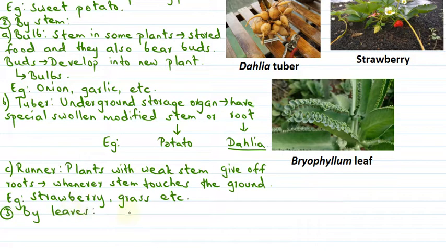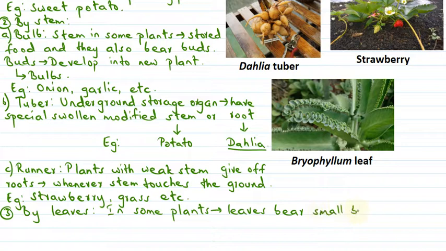So here what happens is that in some plants, their leaves bear small buds, which have the potential to grow into new plants.